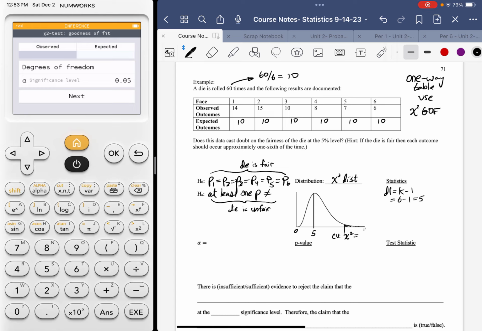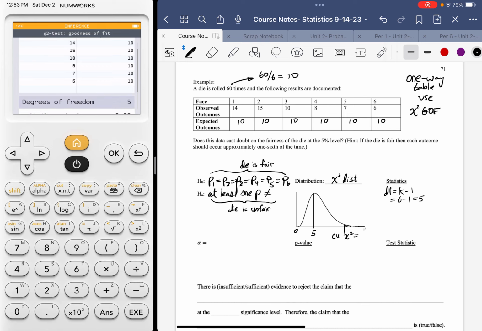And you put in your observed values, 14, 15, 10, 8, 7, and 6. And then 10s across the board for the expected values. Degrees of freedom 5. Thank you, calculator.